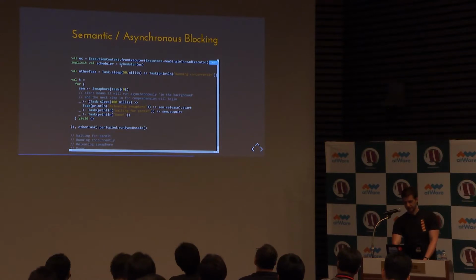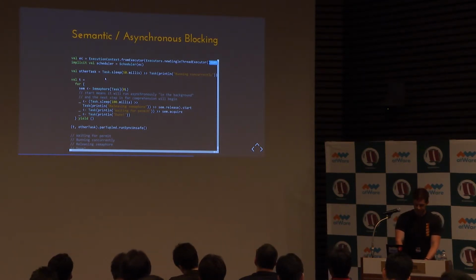So one task just sleeps for 50 milliseconds and then prints that it's done. And note that this is task sleep and not thread sleep, which blocks the thread. Sleep also does an asynchronous boundary. So basically anything that is semantically blocking will do an asynchronous boundary.